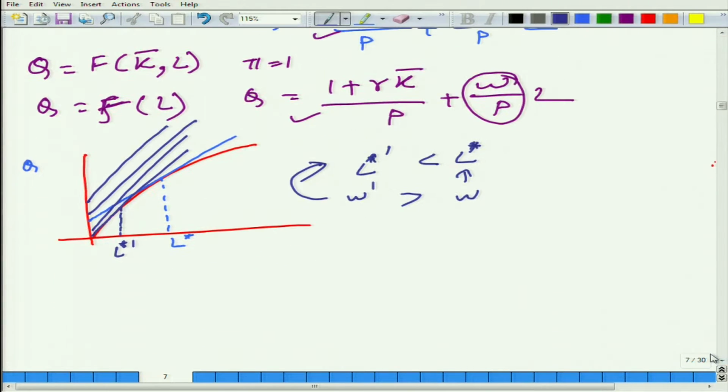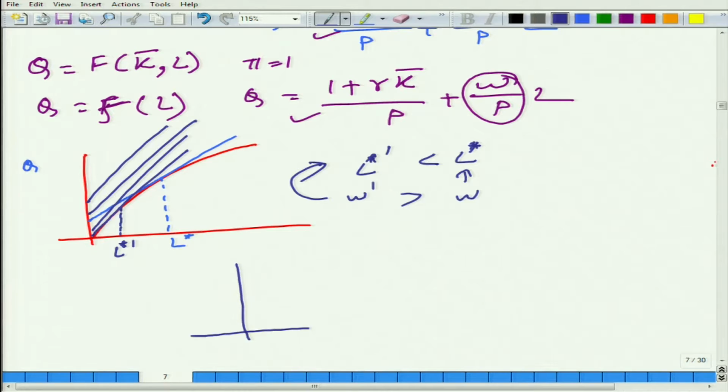Similarly, can you tell me what happens when P increases? Both labor and optimal amount of output will increase. Why? Because let us see here, let us say earlier this is the... now what is happening? ISO profit lines are becoming even flatter.